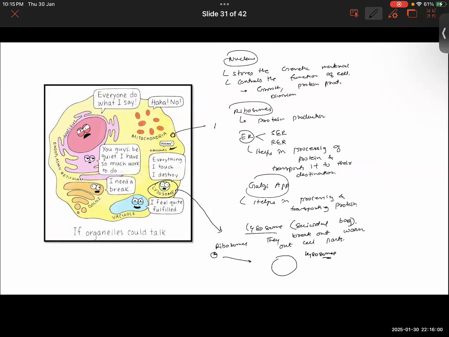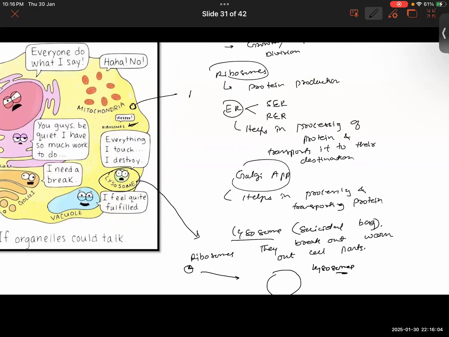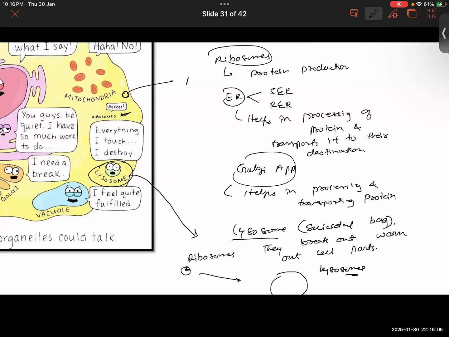In fact, it can not only break down the cell part, but it can also help damaged cells self-destruct. If a cell has got damaged, the lysosome will help that cell to destruct itself.